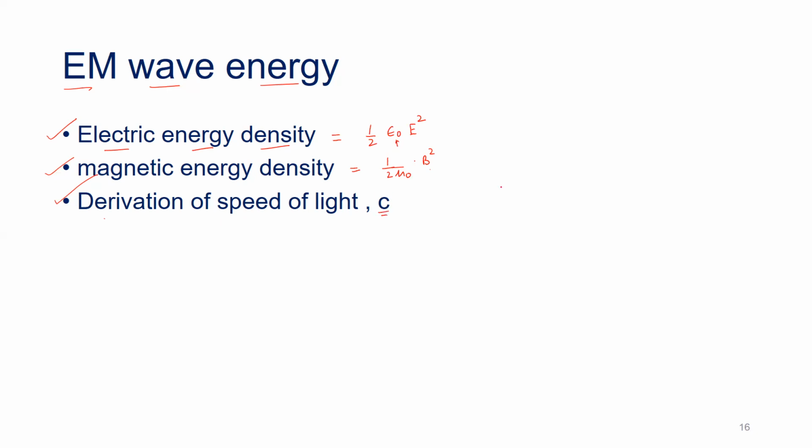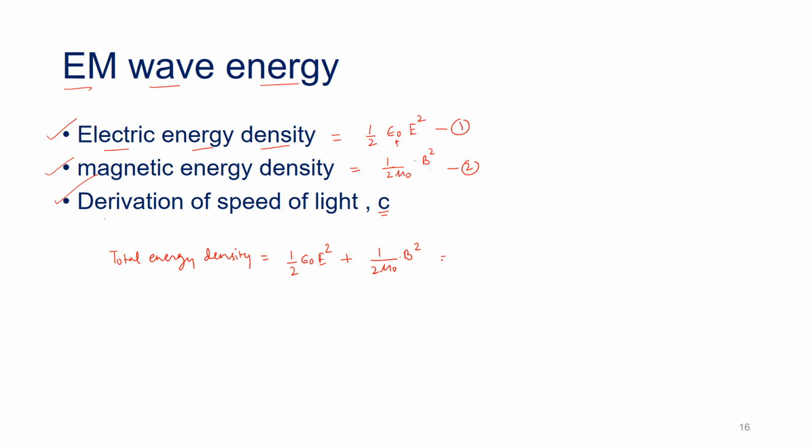So with these values, we can say that the total energy density is the sum of these components. This is component number one, this is component number two. So it will be half epsilon naught E square plus 1 over 2 times mu naught times B square.